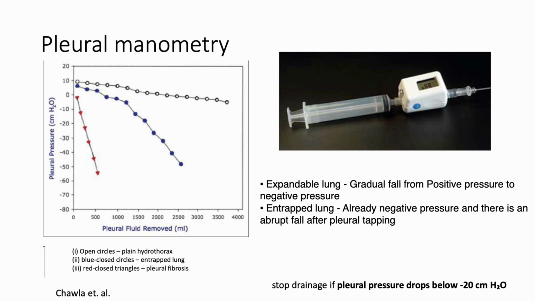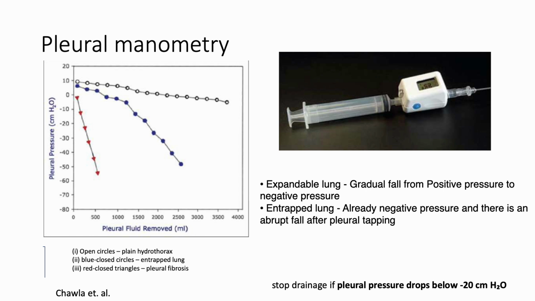In an expandable lung, after we have drained the fluid, there is a gradual fall from positive to the normal negative pressure of the pleural space. In the case of an entrapped lung, there is already negative pressure, and there is an abrupt fall to more negative after the pleural tapping, which might go beyond 20 centimeters of water.